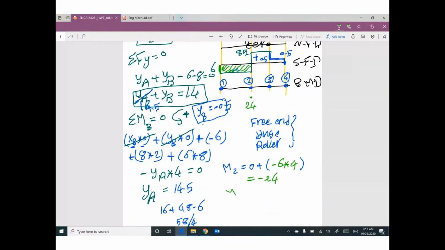Next value, M3 equals the previous value, M2, negative 24, plus the area of shear between the 2 points. We have this rectangle, which is positive, 8.5 times this length 2. So the value will be negative 7.